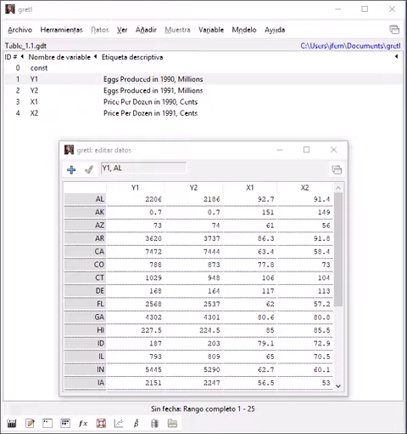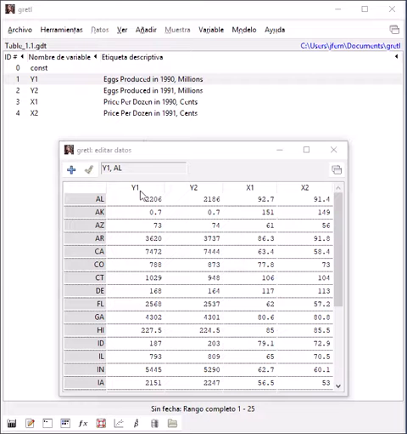Cross-section data are data on one or more variables collected at the same point in time, such as the census of population conducted by the Census Bureau every 10 years, the surveys of consumer expenditure conducted by the University of Michigan, and of course the opinion polls by Gallup and other organizations. A concrete example of cross-sectional data is given in Table 1.1.